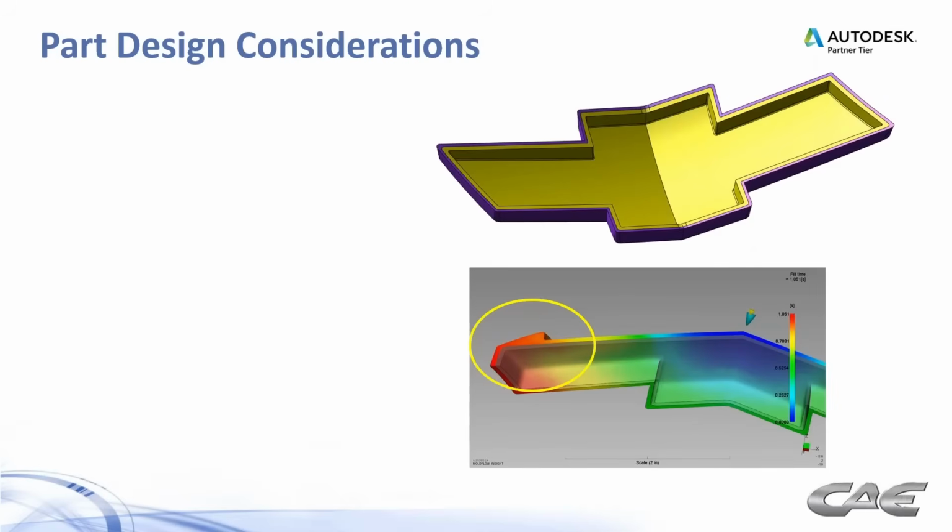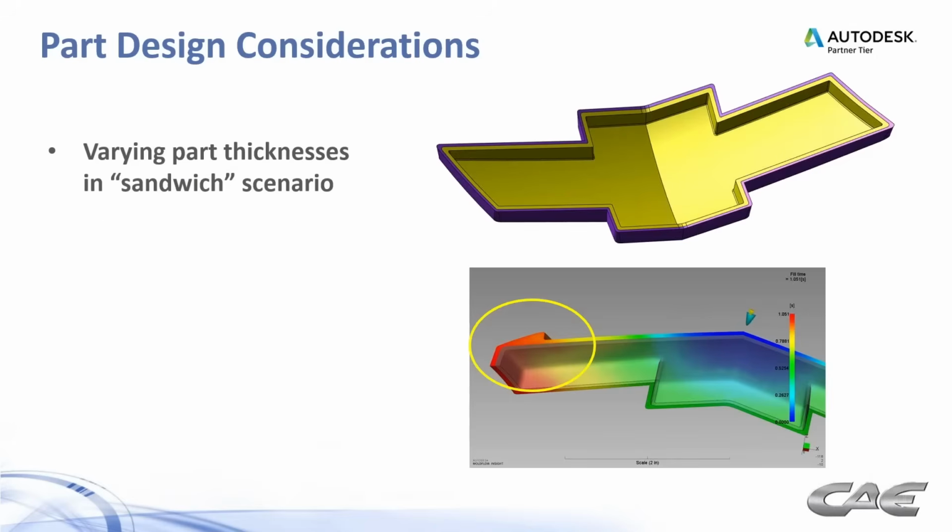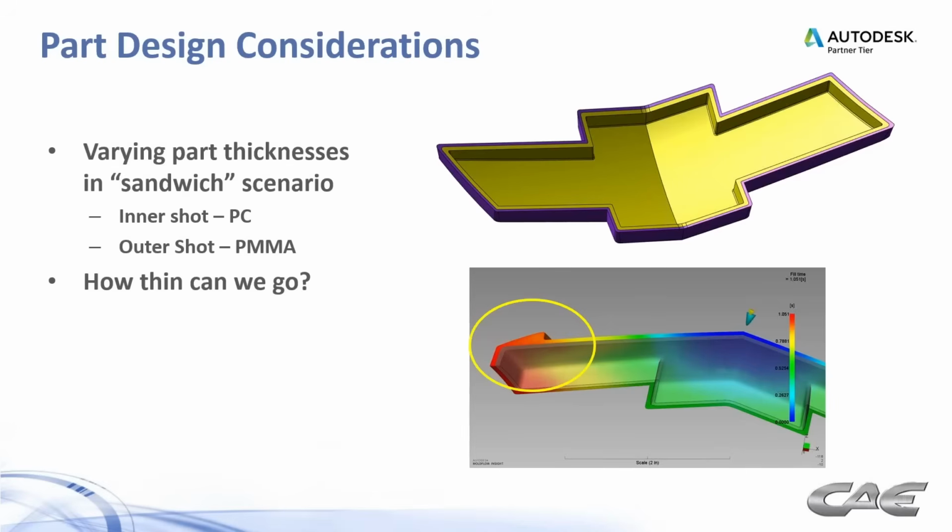So here's an example of a typical application that we see in 2-shot. This is the old Chevy bow tie here. We have varying part thicknesses in a sandwich scenario. The inner shot's polycarbonate, the outer shot's PMMA. So how thin can we go? We have a 2.5 millimeter max total thickness available to us, but can we thin it out?